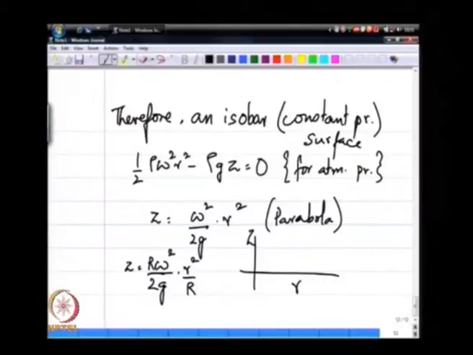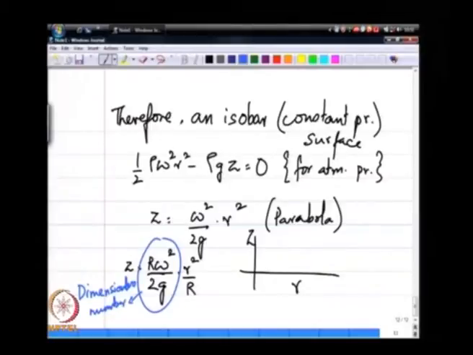So, this now happens to be a dimensionless number which describes the competition between the rotational velocity omega and gravity g.